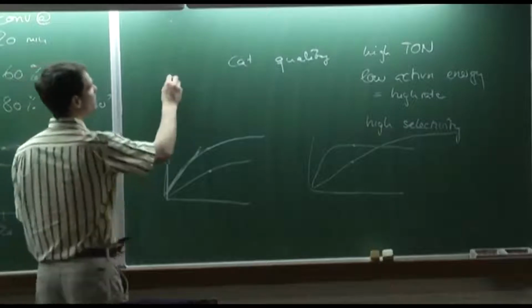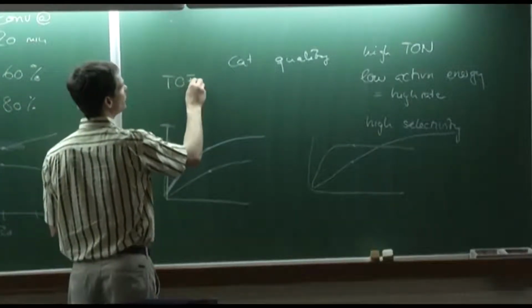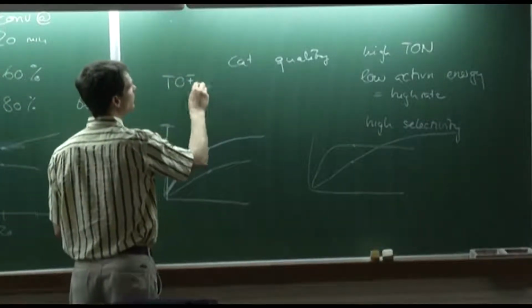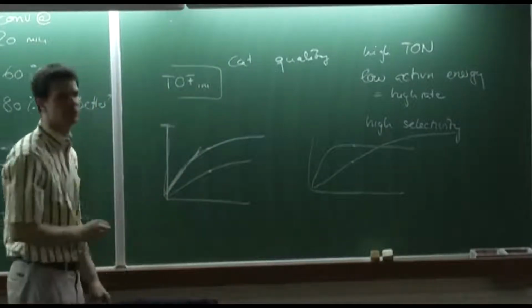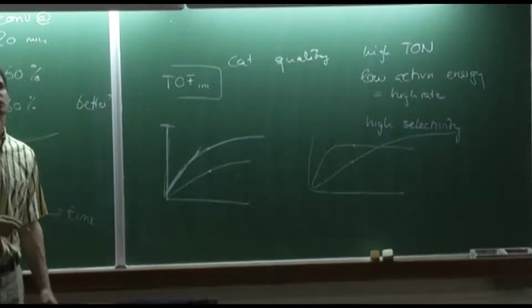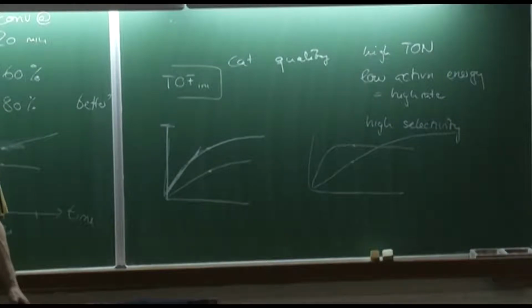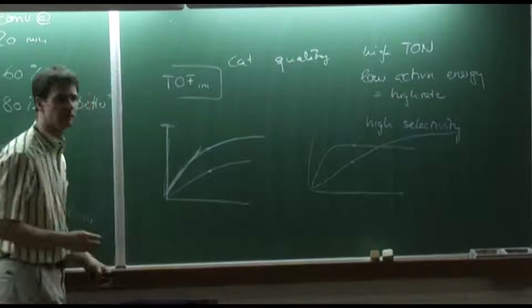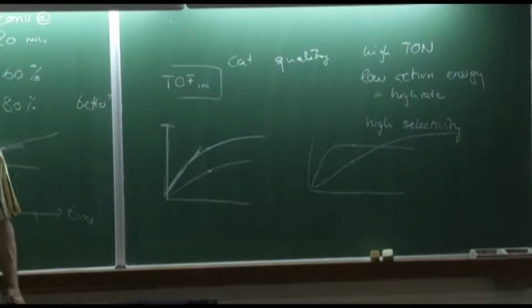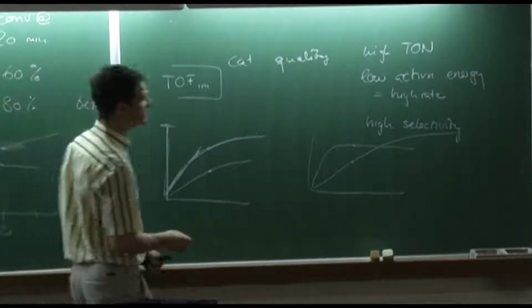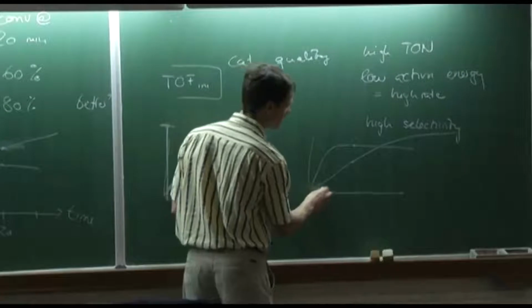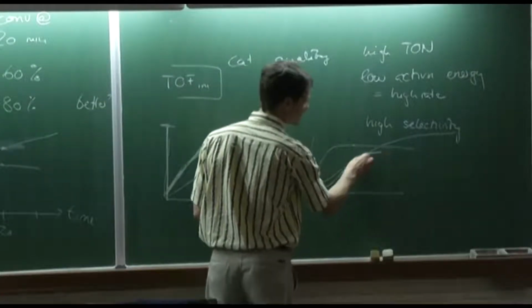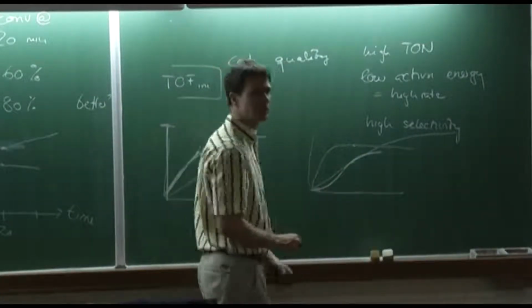So what people sometimes refer to is a turnover at initial rates, the initial turnover. That can be a bit dangerous, because it depends on where you define initial, but it's a very good approximation. Another difficulty arises if the system has an activation or induction time.